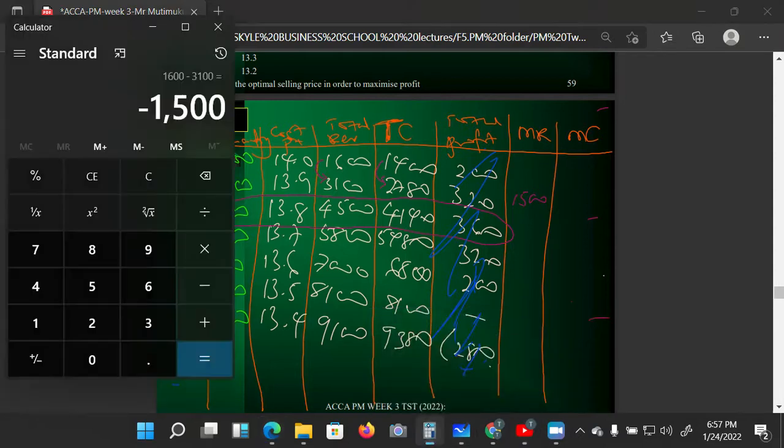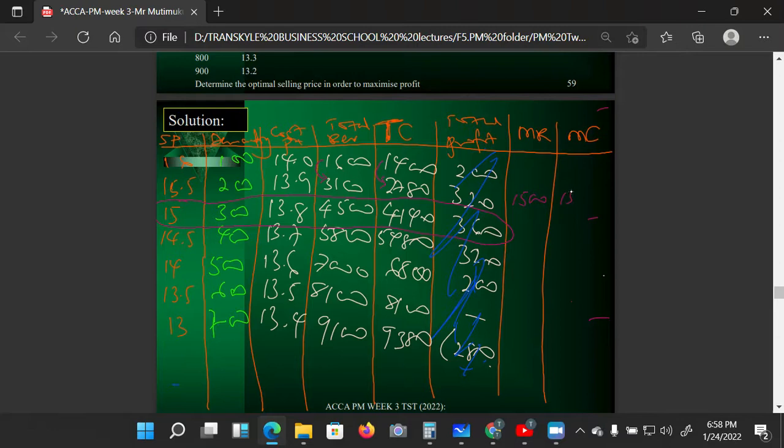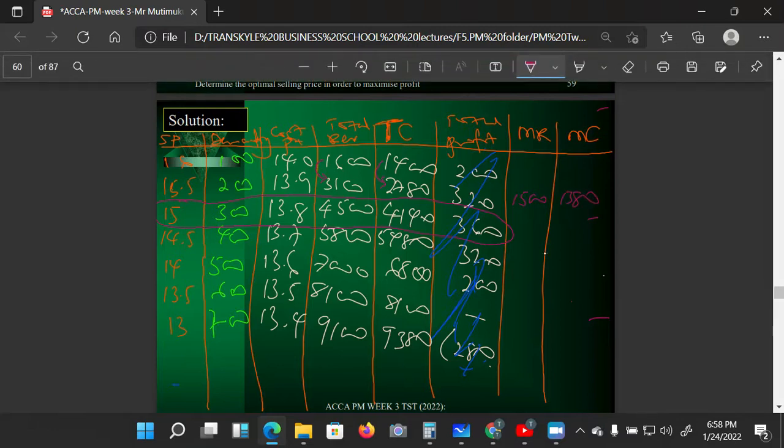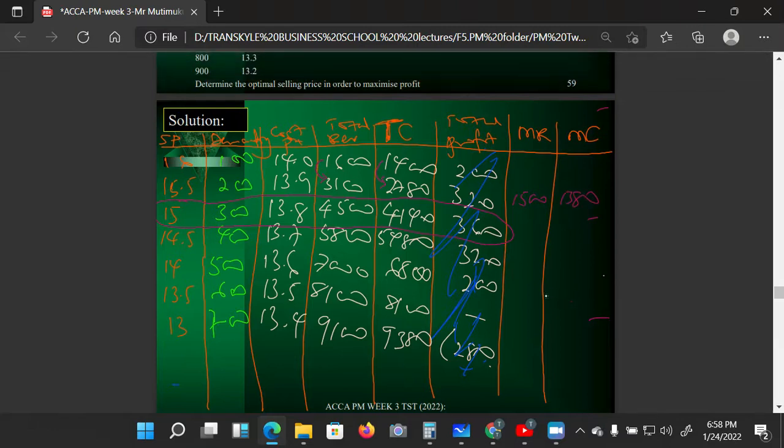Using our calculator, 2,780 minus 1,400, that's 1,380. Which means the marginal revenue is larger than the marginal cost, and it is a favorable situation.